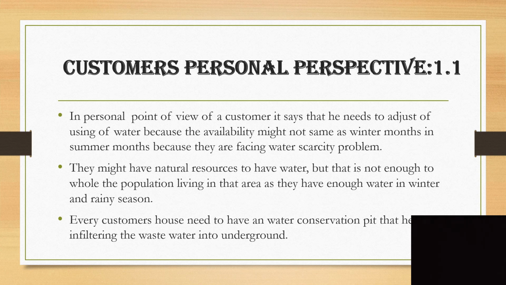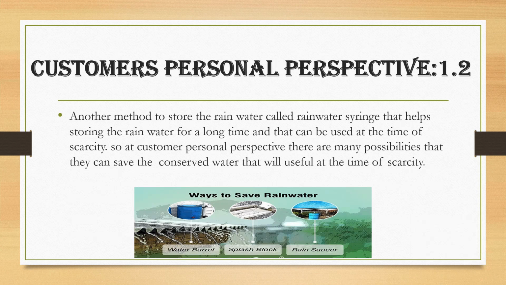Now if you look into another method to conserve the water in the rainy and winter seasons, that water will be useful in the summer season at the time of water scarcity. That method is called the rainwater syringe method, which helps in storing the rainwater for a long time, and that can be used at the time of scarcity.